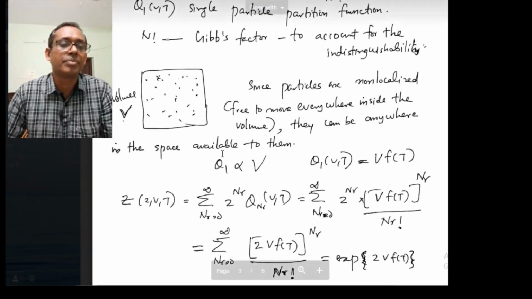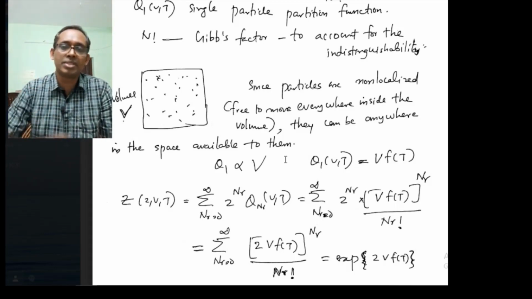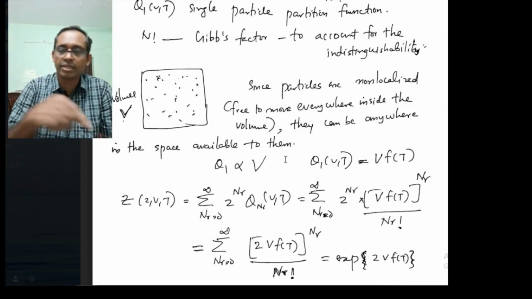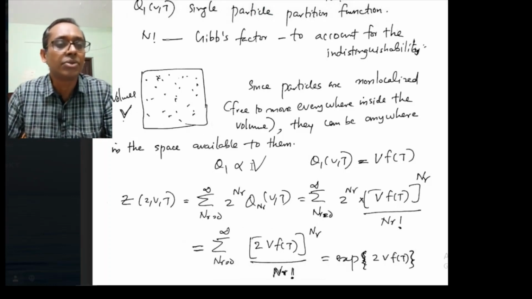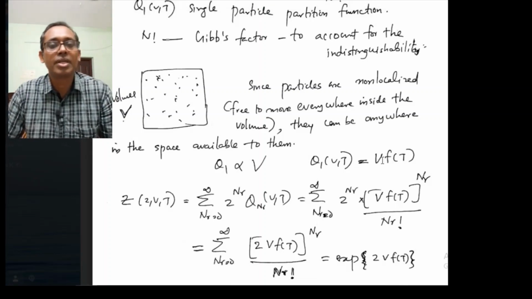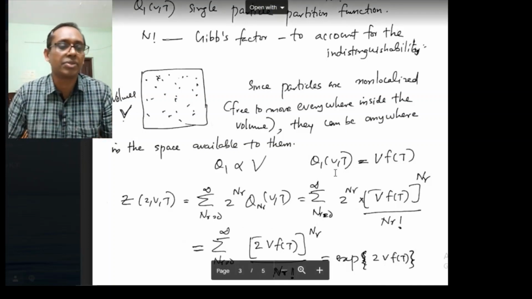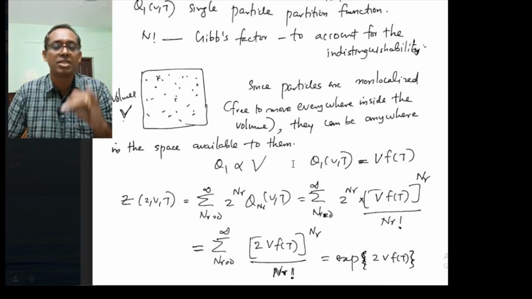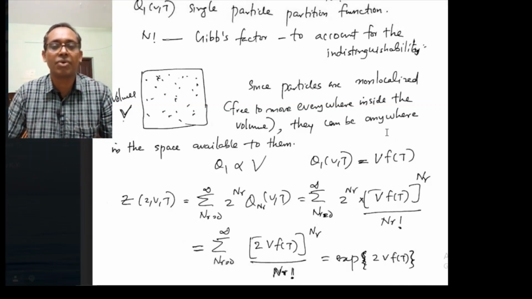Since the particle can be anywhere, Q1 is calculated by summing over all possible states, and each position inside the volume is a possible state, so Q1 is proportional to volume. So Q1(V,T) can be written as V f(T), where f is a function of temperature.